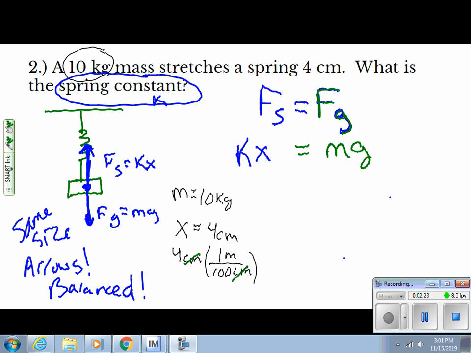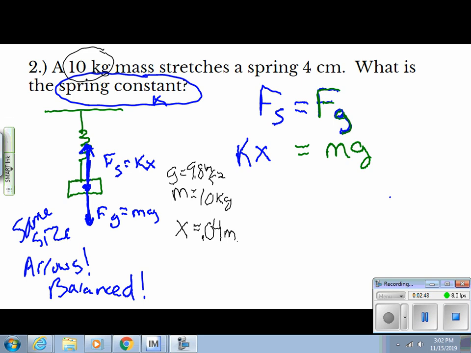Centimeters cancel out. Final unit is that, so it's 4 divided by 100, which is 0.04 meters. Okay, and then my g, of course, we know g as gravity as 9.8 meters per second squared.